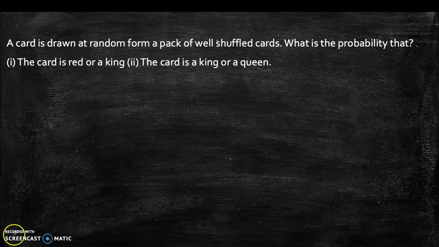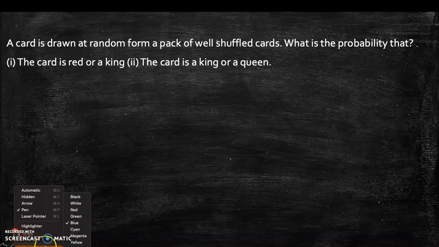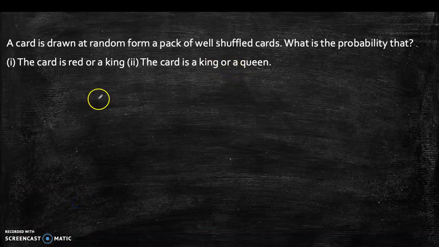If a card is drawn at random, then what is the probability that the card is a red or a king? So let's do the first part. Let's say event A is defined as the card is red, and event B is defined as the card is a king.